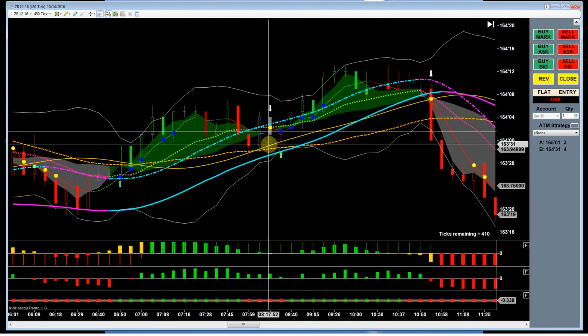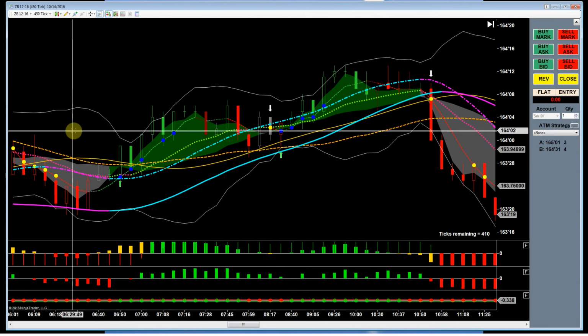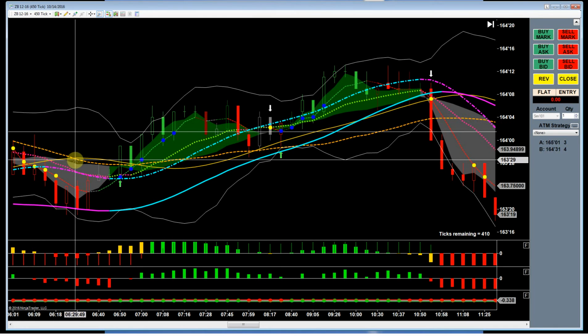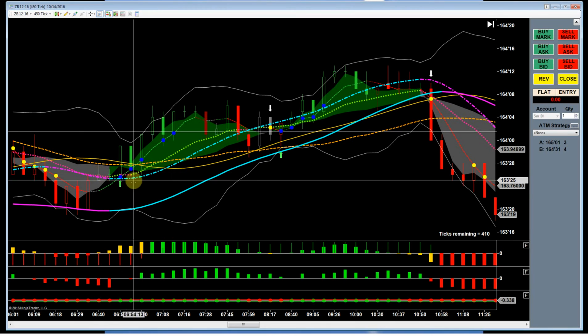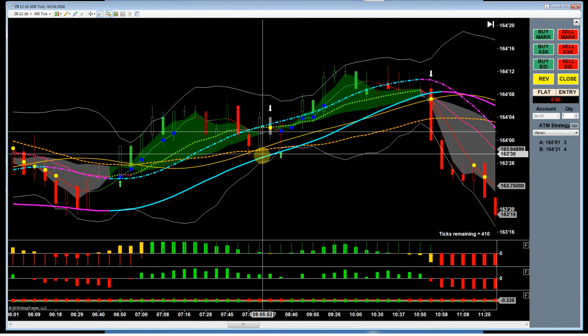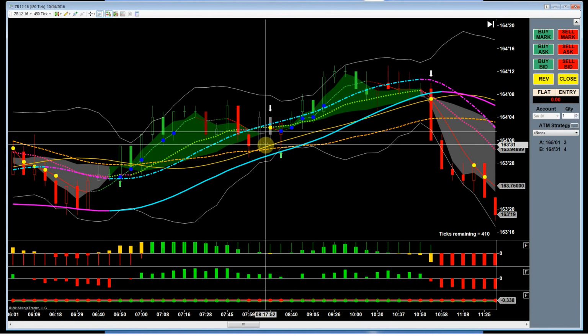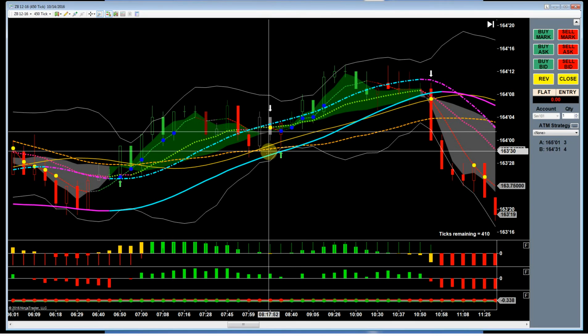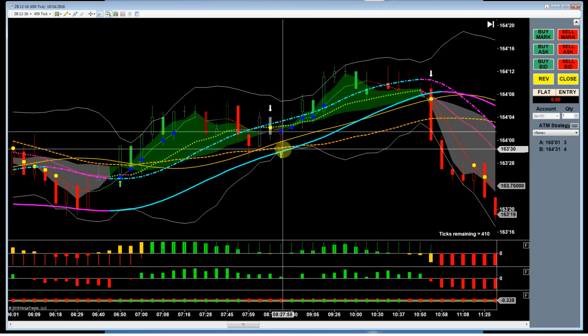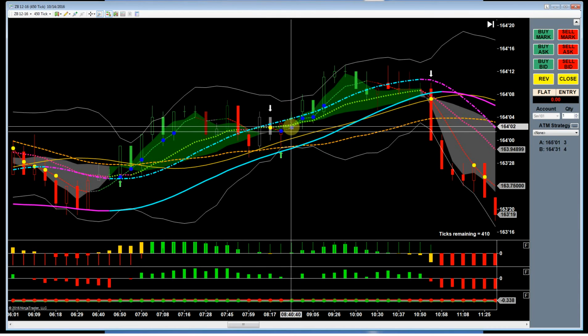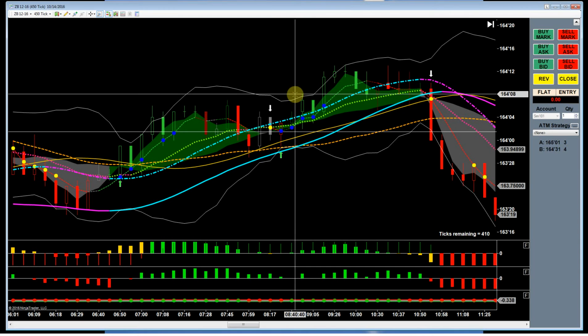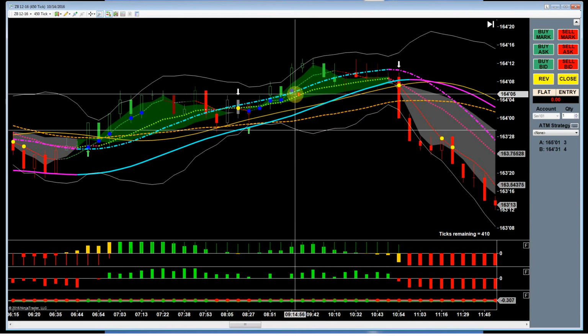When the dash line crosses under this, it's an initial move, and when they start trending in a stronger way, the solid thin line will cross the dash line. It's just a way to read the filter. So here they go, they're trending up now. You buy that pullback to the signal line here at 02, and they shoot straight up for 6 ticks there.